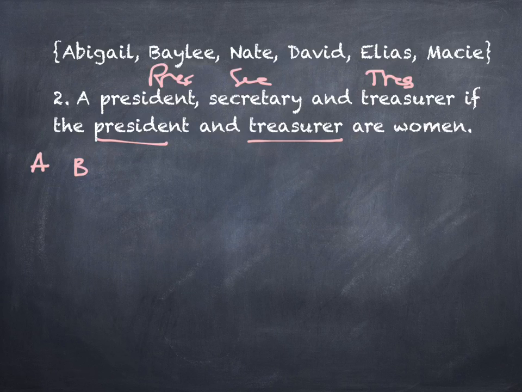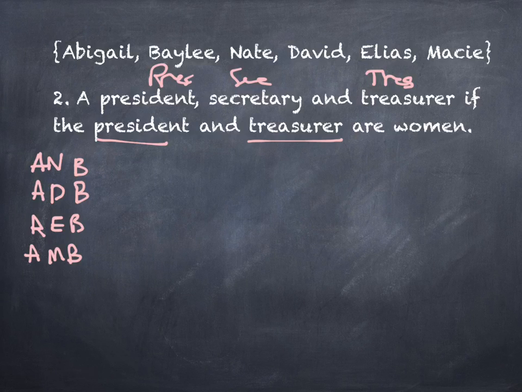Not 6, 4, right? I can't use Abby and Bailey again. They've already been used. But I can use any of the other 4 in between because any of them could have that role. So I actually have NB, DB, EB, or MB. Does that make sense? And that's all the ways I could have Abigail at the front and Bailey at the back.